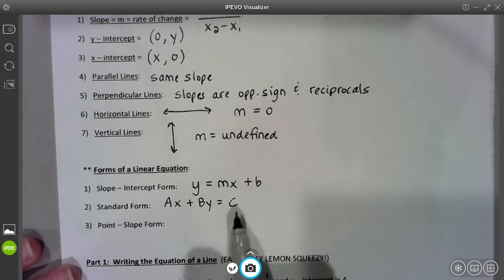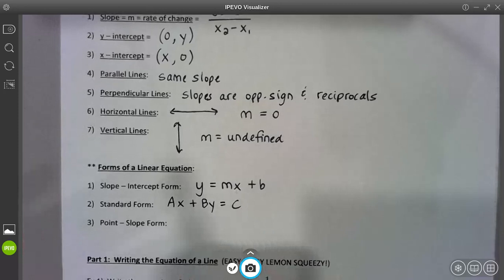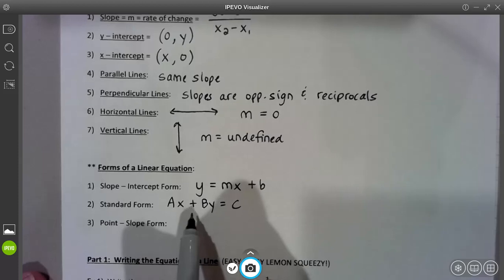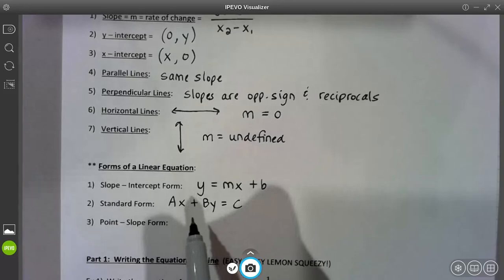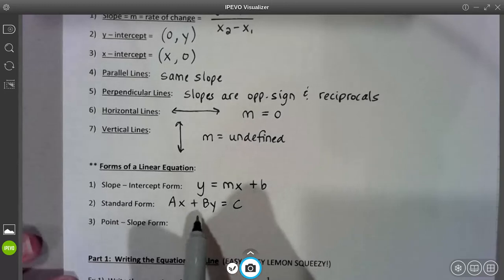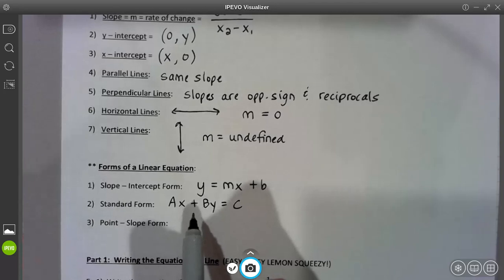But when you're in standard form, a, b, and c are just random numbers that end up in the equation. They're not the slope or the y-intercept. So I'm telling you right now, you will never use this formula to get started with any problem. However, depending on some questions, you may have to make your equation look like this at the end of the problem, but you will never use it to get you started.